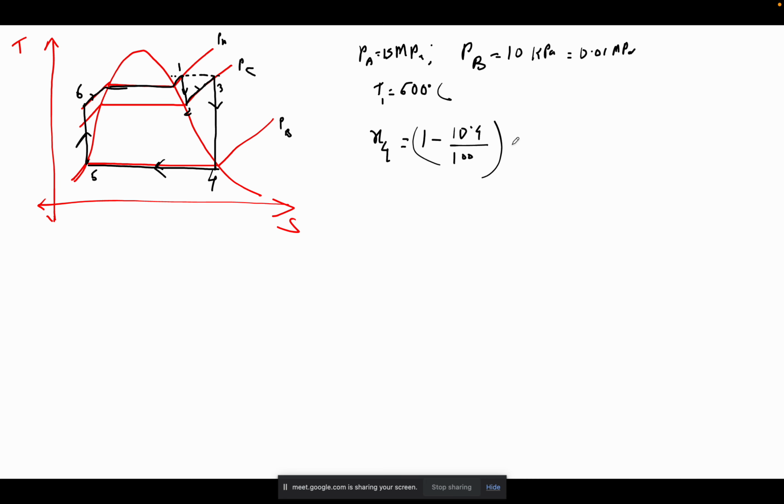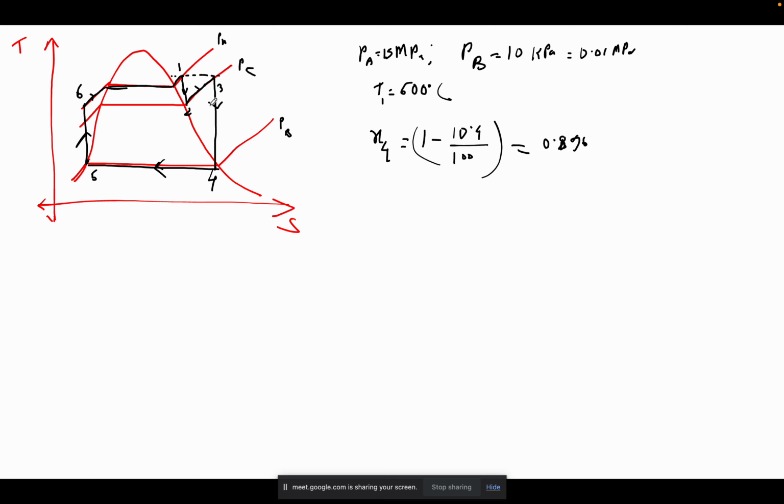So this will be my x4, which is 0.896. This is the quality of the steam at point 4.